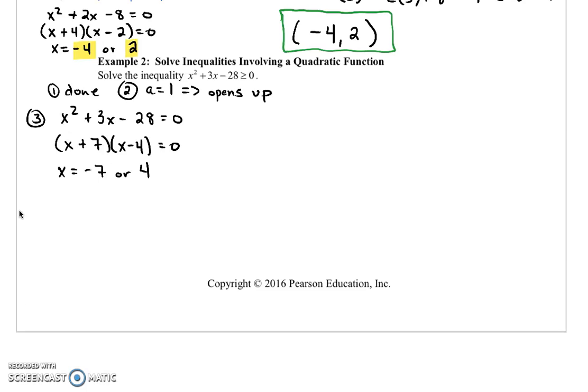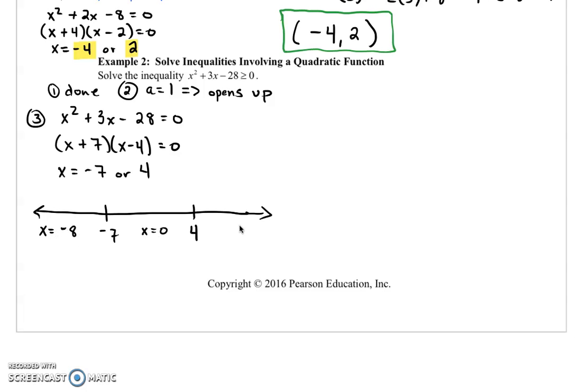Step 4 is make our number line and test our points. We have negative 7, positive 4, and I'm going to pick test values again. So x is negative 8, x is 0, and x is 5.